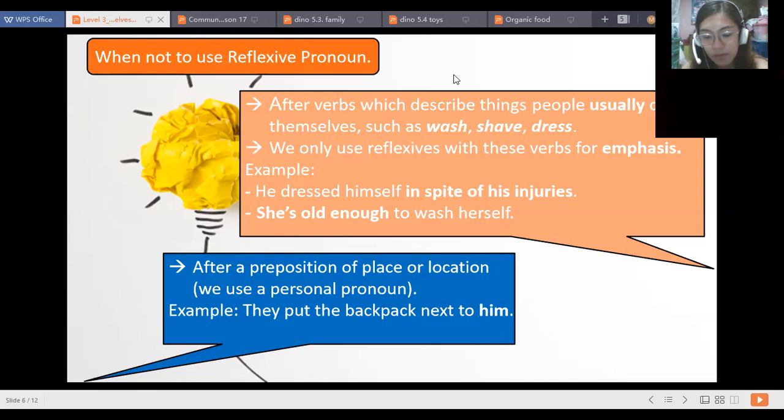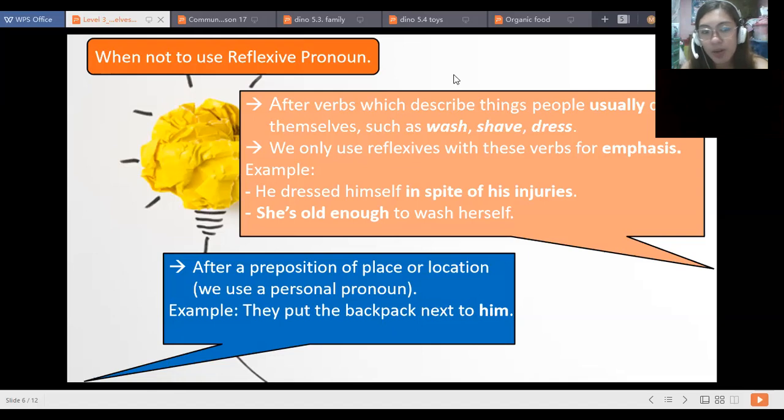Example, he dresses himself in spite of his injuries. She's old enough to wash herself. After a preposition of place or location, we use a personal pronoun. Example, they put the backpack next to him.